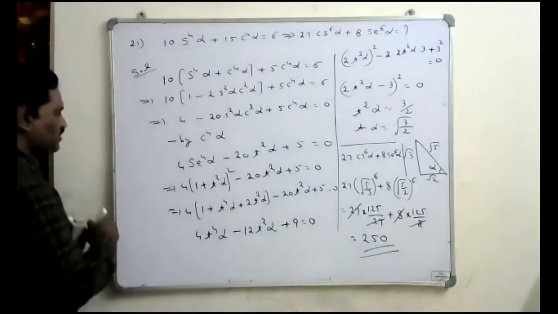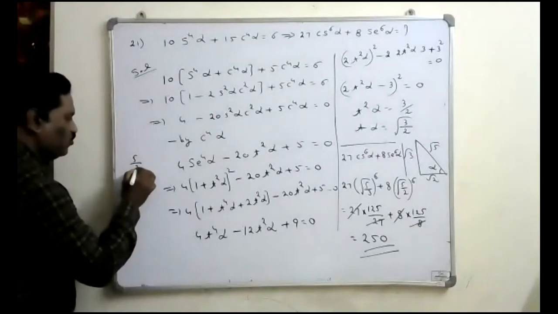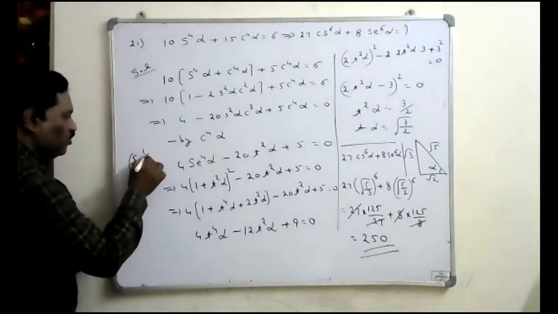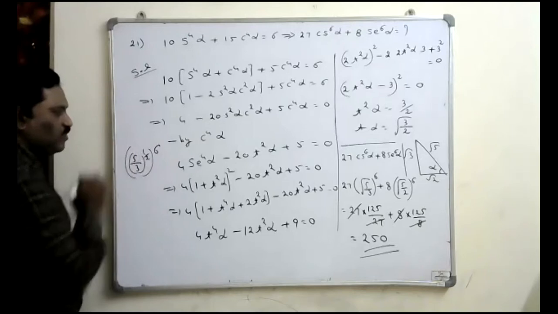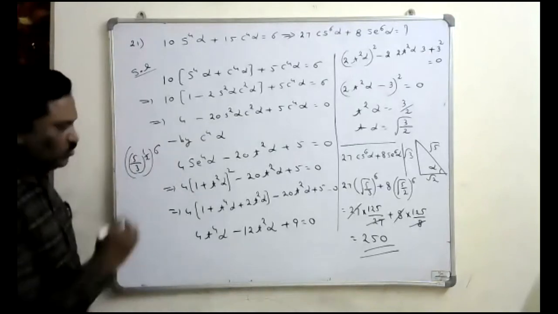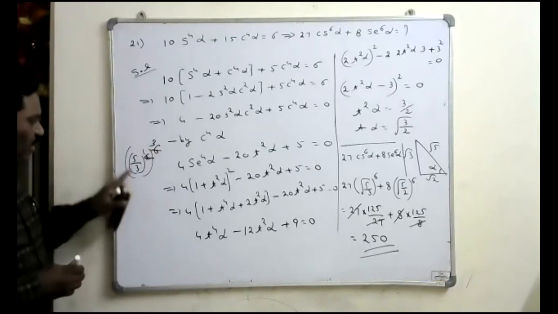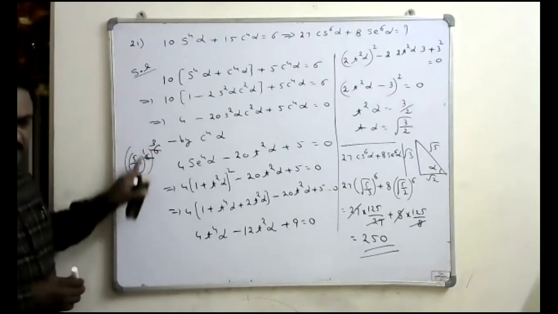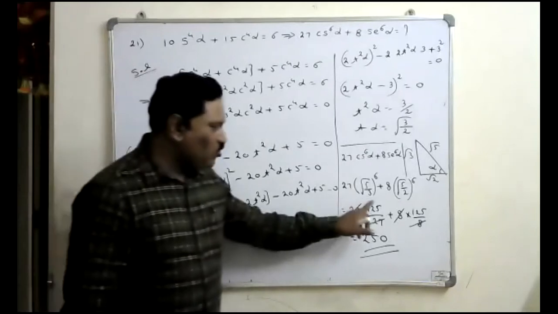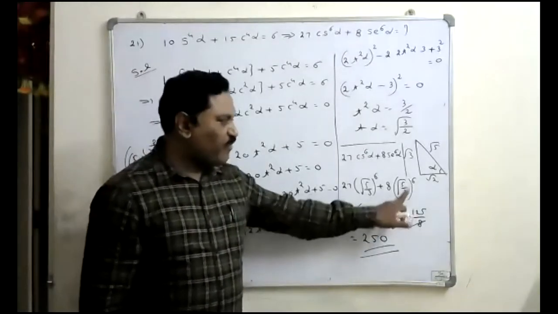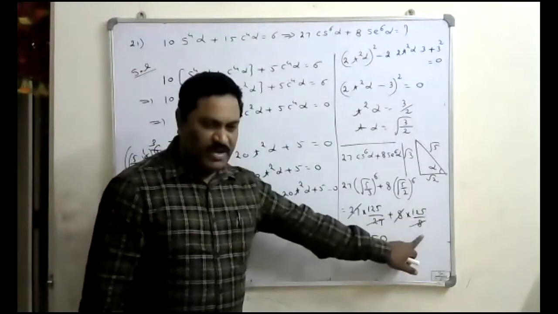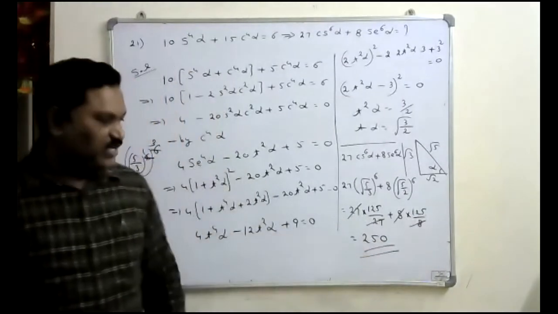So square root means the power is 1 by 2, whole power 6. 2 1s are 2, 3s get cancelled. Remaining is 5 by 3 whole cube, so that is 125 by 27. This is also 5 by 2 whole cube, that is 125 by 8. So the answer is ready: 250.